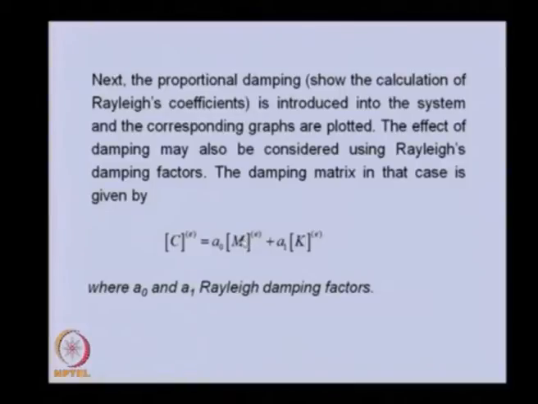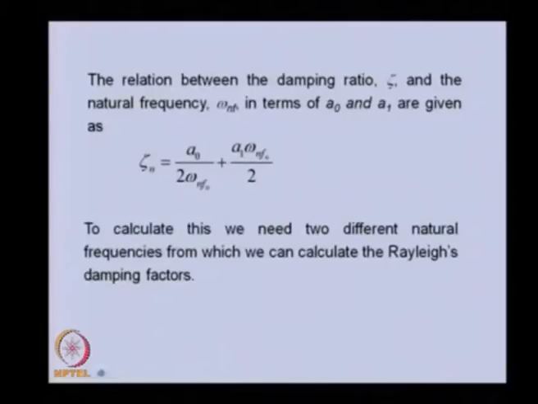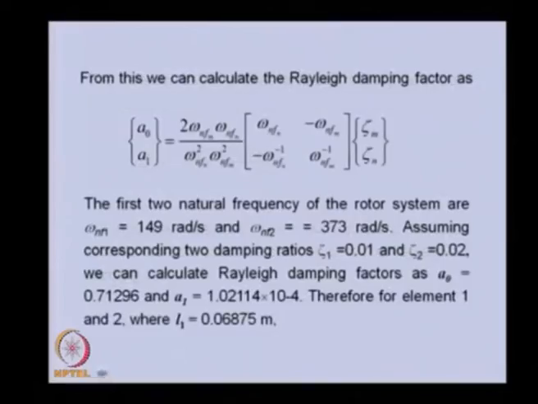So, this is the mass and stiffness, A0 and A1 are the Rayleigh damping factors, which we can obtain using this expression, in which this is the damping ratio and these are the natural frequencies for a particular mode. If we take two different modes, we can get these particular factors like this. This we already described, so I am not describing it in more detail.